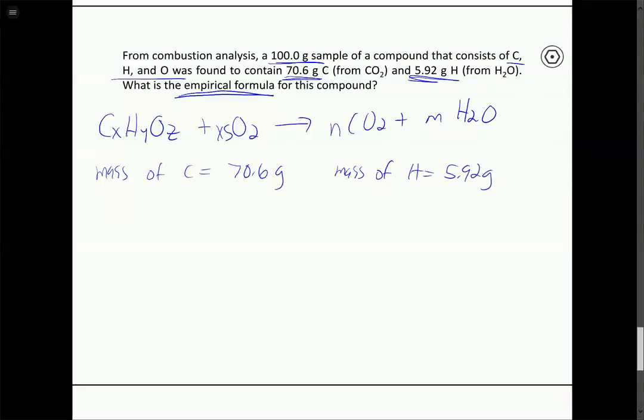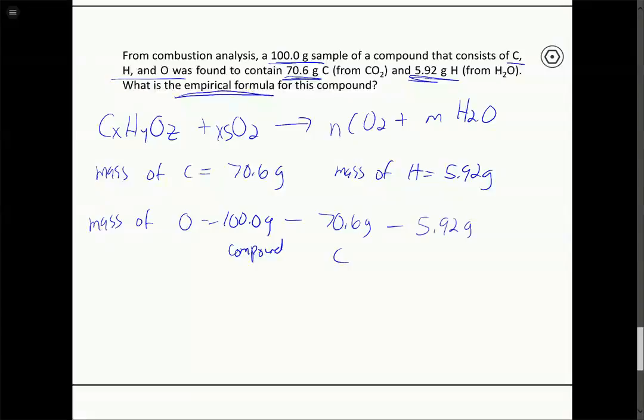And then remember that for the mass of oxygen, we can just use whatever's left. We know that we have 100 total grams of the compound, and we're going to subtract the mass of carbon, which is 70.6, and the mass of hydrogen, which is 5.92, and that leaves 23.48 grams of oxygen.